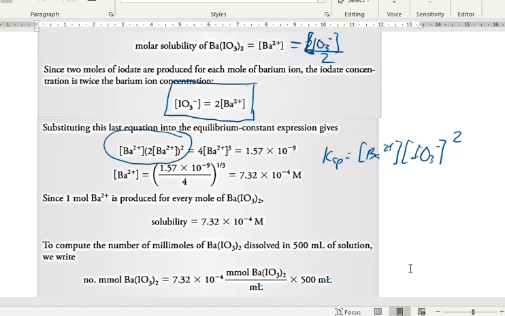Okay? So, meaning the concentration of barium is equal to 7.32 times 10 to the minus 4 molar. Okay? And that is the solubility of barium iodate in terms of barium. Okay?